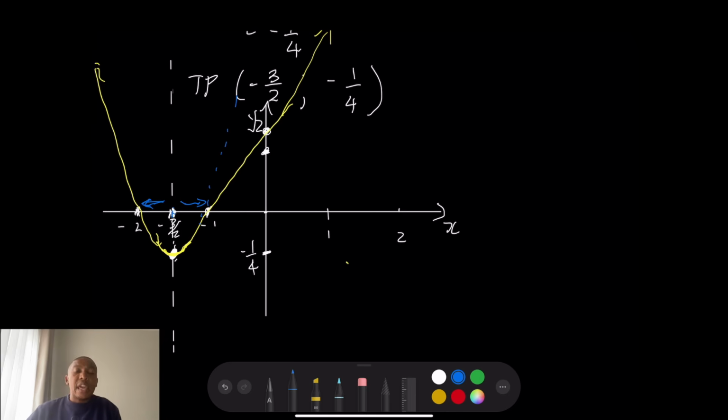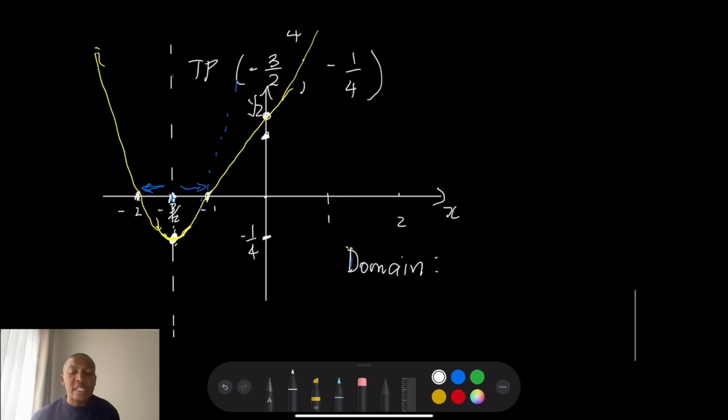Another thing is, then we can talk about the domain. Actually, I didn't talk about that in our lesson for the straight line graph. So the domain for the parabola. Now, what is a domain? A domain is essentially, where does your graph exist on the x-axis, on the x line.